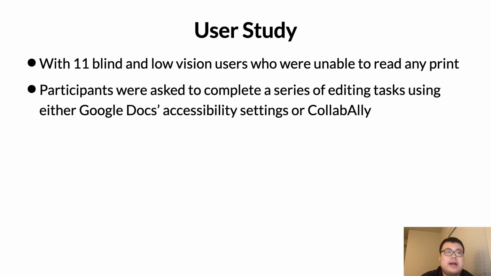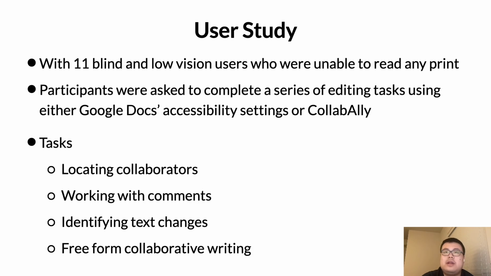To evaluate CollabAlly, we ran a user study with 11 blind and low vision users who were unable to read any script. We asked participants to complete a series of collaborative editing tasks using either Google Docs accessibility settings or CollabAlly.